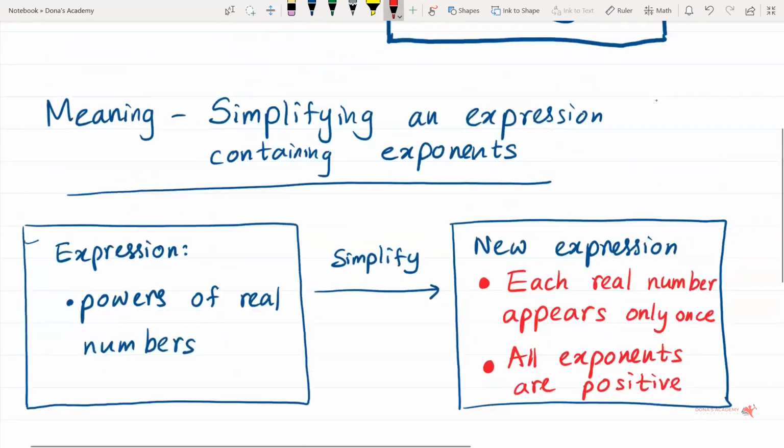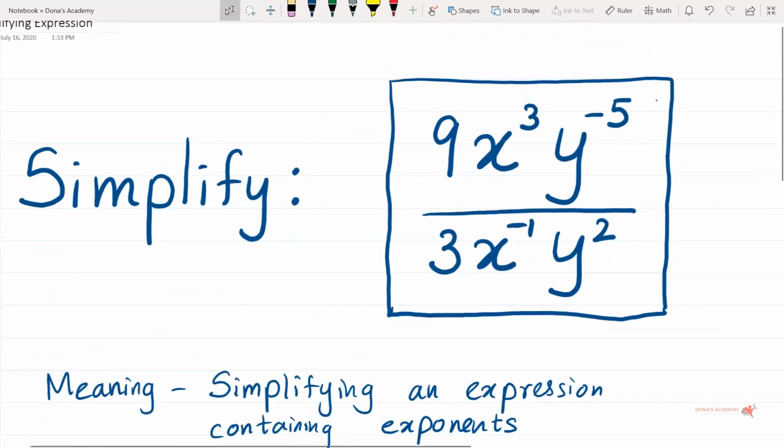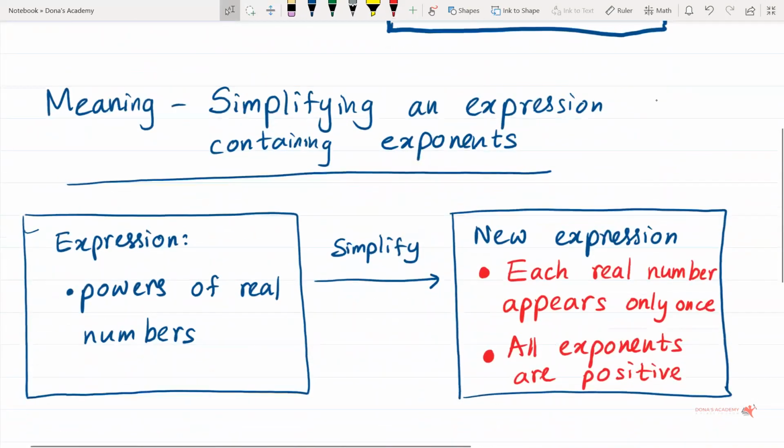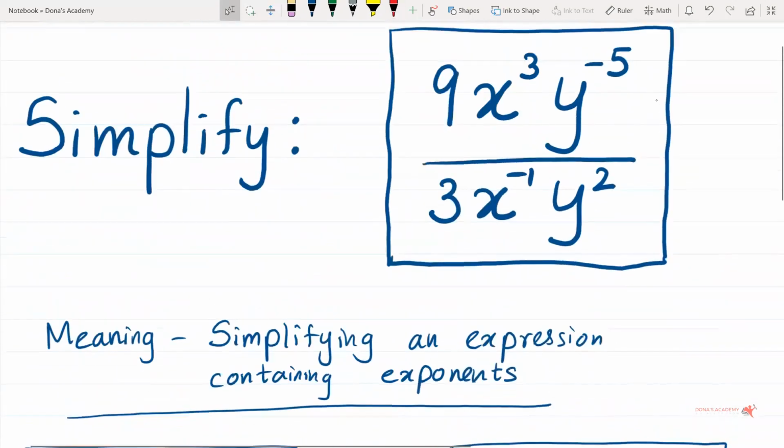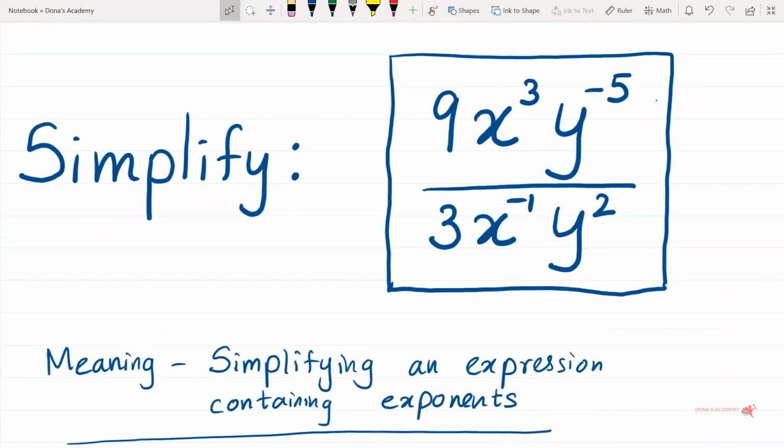All right, now let's come back to our example. We can see that we see x in two places and y also in two places. So it doesn't satisfy the first condition. And similarly, about the powers, we see negative powers. So it is not simplified. All right.